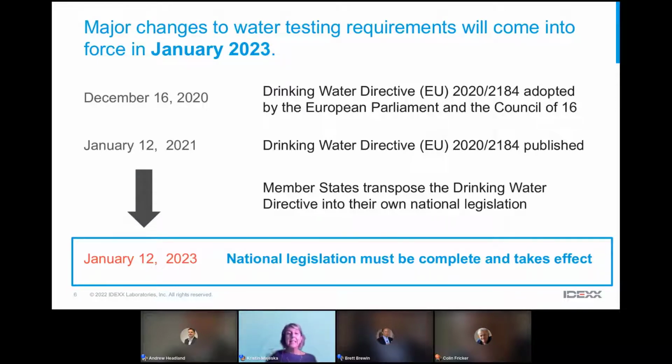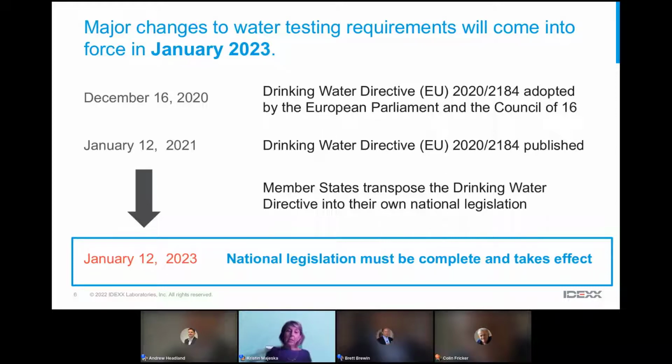Each member state has only 2 years to transpose the directive. That means to incorporate what the directive says into its own regulations or legislation. That may mean updating existing rules or adding new legislation. In some countries, we've looked at this, and it may be up to a dozen different laws that need to be updated or added.